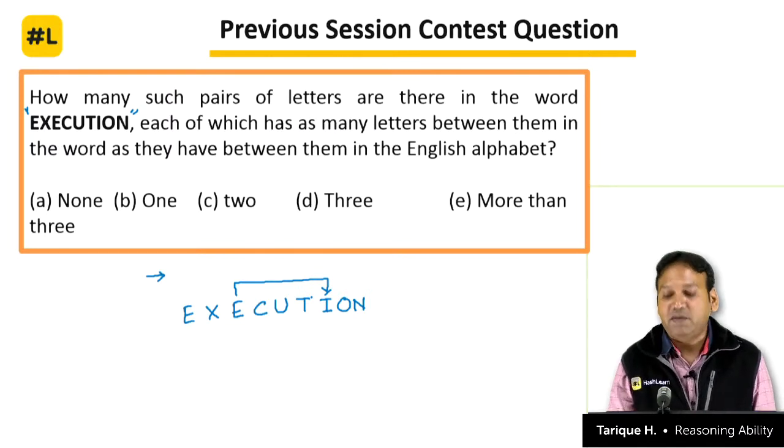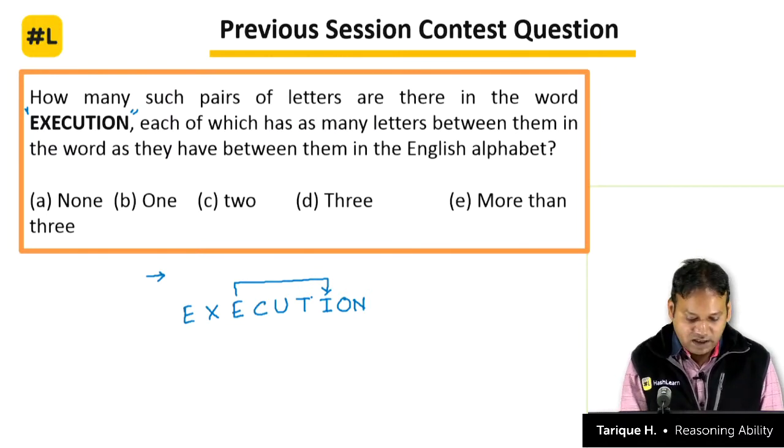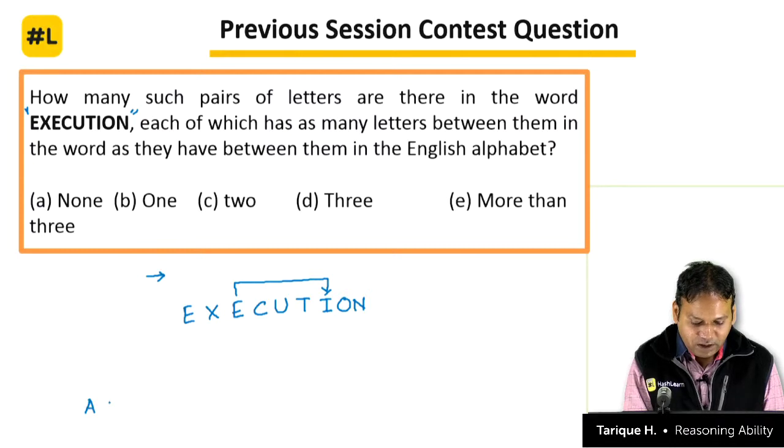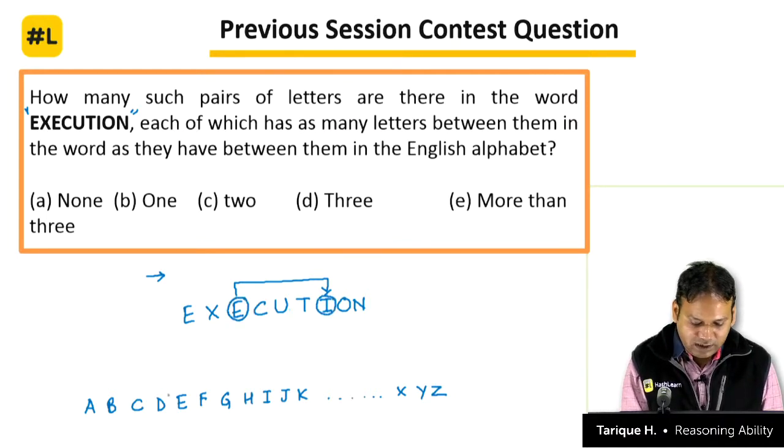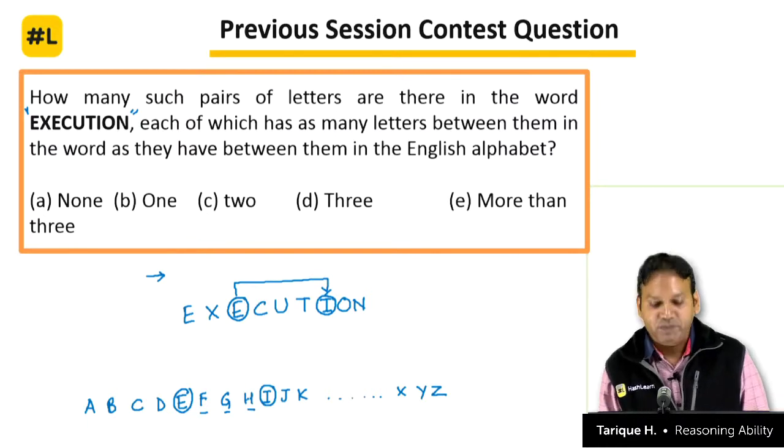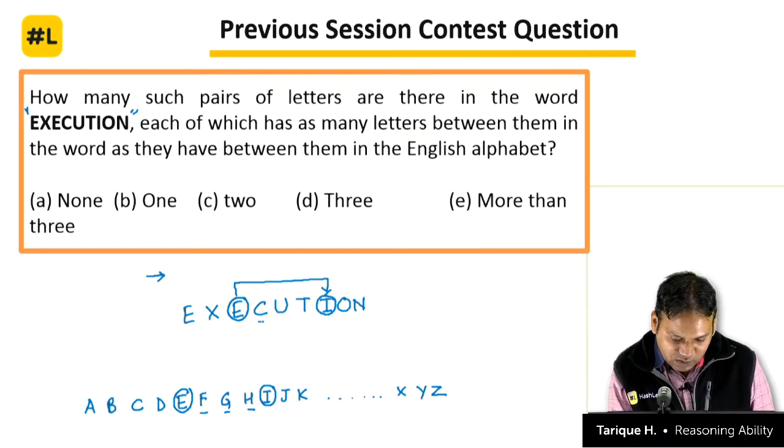Now let's understand the meaning of this question. Already I have discussed earlier also, but I will just discuss it once again so that it is completely established with you what this question means. So if you write the letters in the English alphabet, not write everything, just write E, X, Y, Z. Look at this letter E here and look at this letter I, and look at the same two letters in the English alphabet and you will see how many letters are between them in the English alphabet, 3, and how many letters are between them in this word, 3.